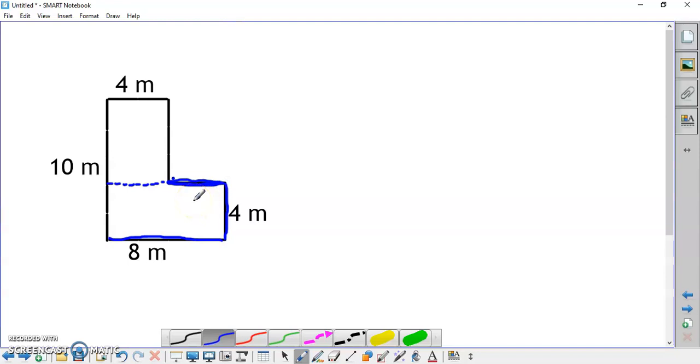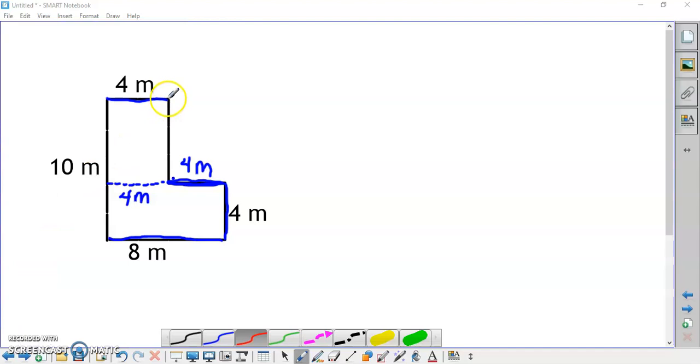How do I find that amount? If this measurement is 4 meters, this one is 4 meters too. So 8 minus 4 would give me 4 meters for this part of the figure.